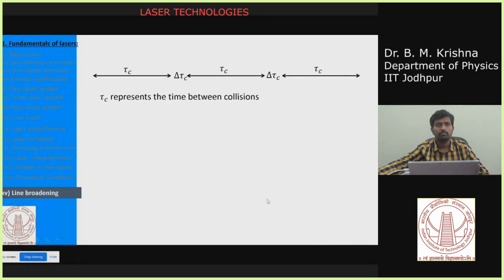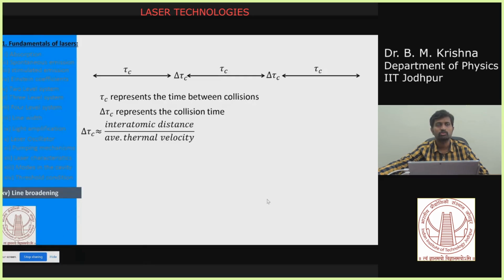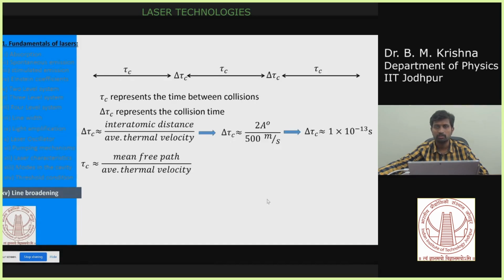Then we measure the line widths using the collision time as well as the TC, the time between two collisions. From this we figured out that in practical systems, the collision time is much shorter, almost instantaneous, compared to TC, the time between collisions.